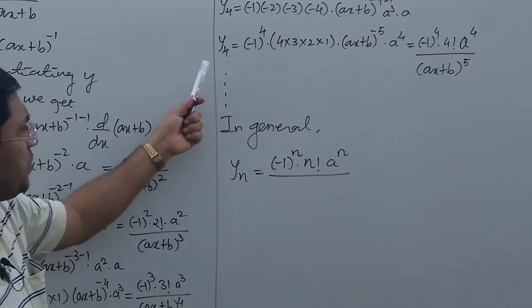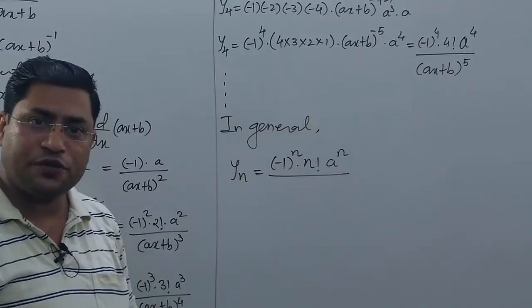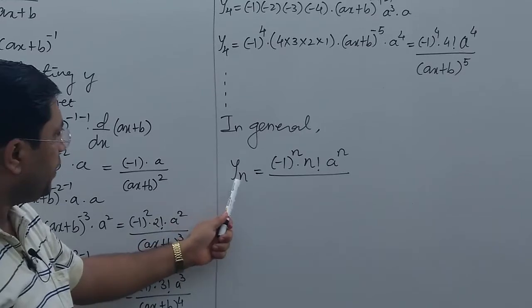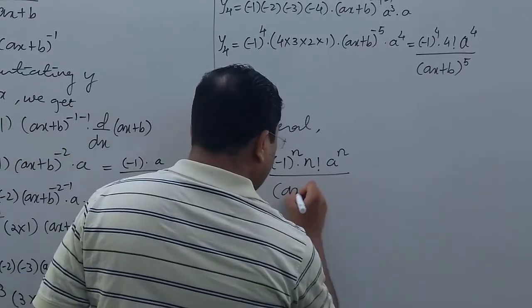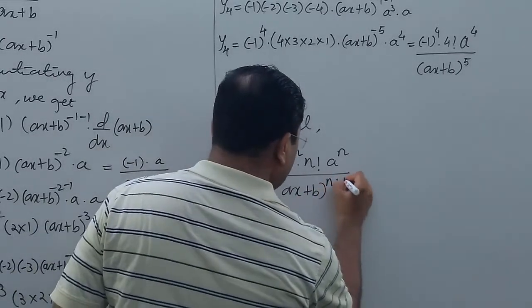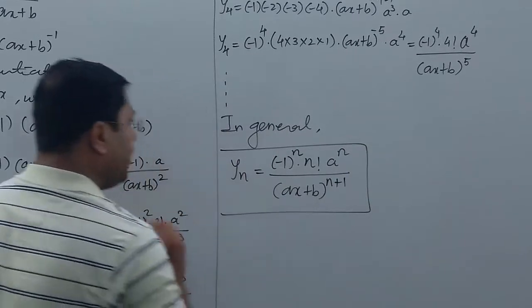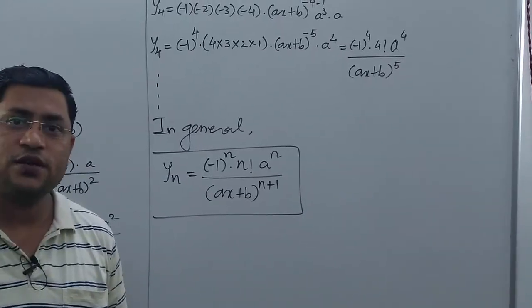Easily we can see that the power of ax plus b is one more than the order of the derivative. So for the nth derivative, this term will be (ax plus b) raised to n plus 1. This way we are able to get the nth derivative of 1 upon ax plus b.